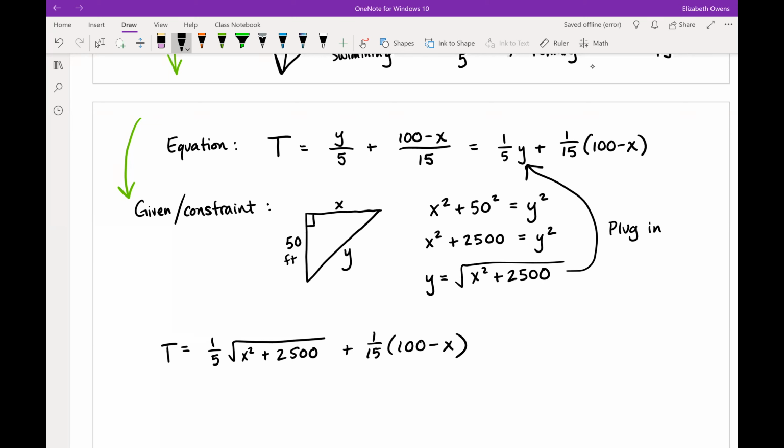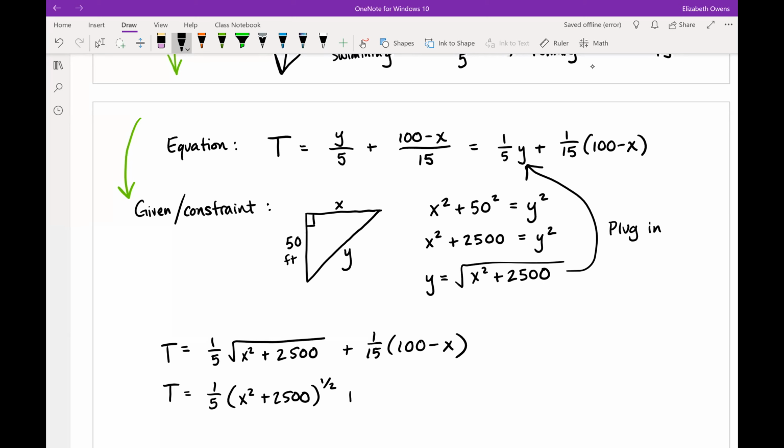And now you can see that our time equation is all in terms of one variable. It's just in terms of x now. So that's going to make it good to take the derivative of this. Before we take the derivative, I'll do a little rewrite on that radical. This is 1/5 and then x squared plus 2,500 to the 1/2 power.